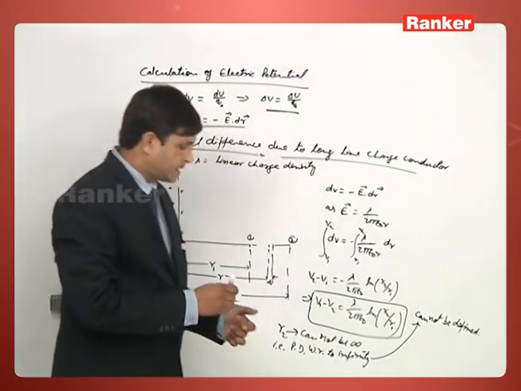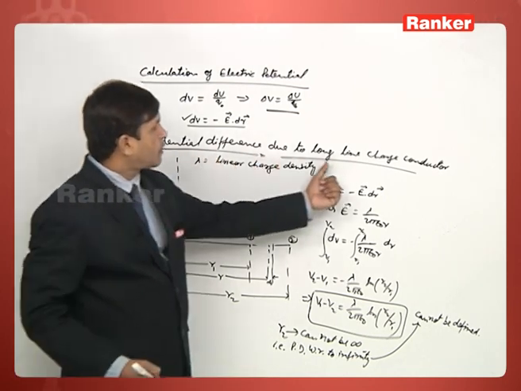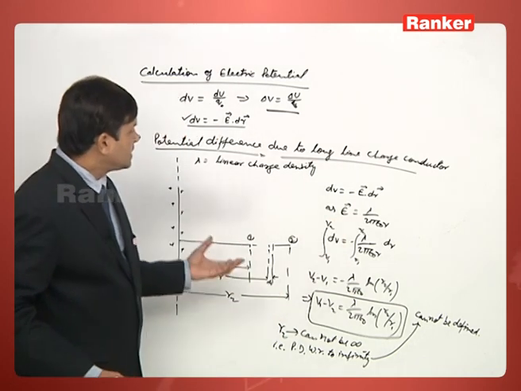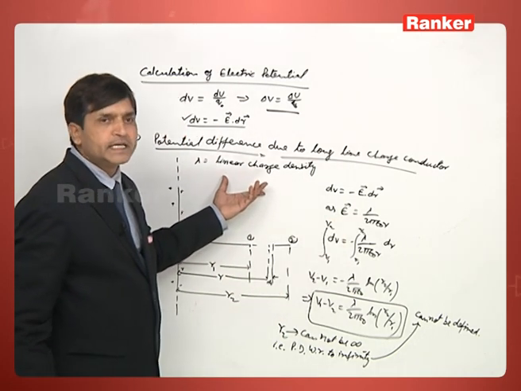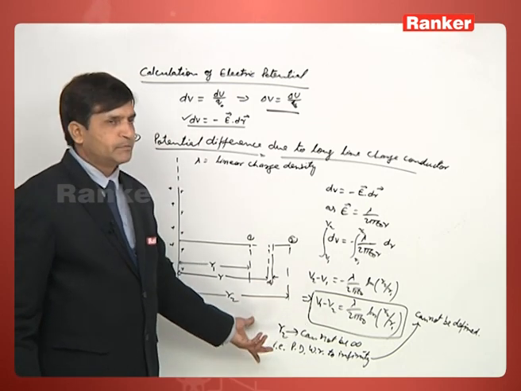So that indicates that the potential difference due to a long line charge conductor is defined only for finite distance. It is not defined with respect to an infinite point.